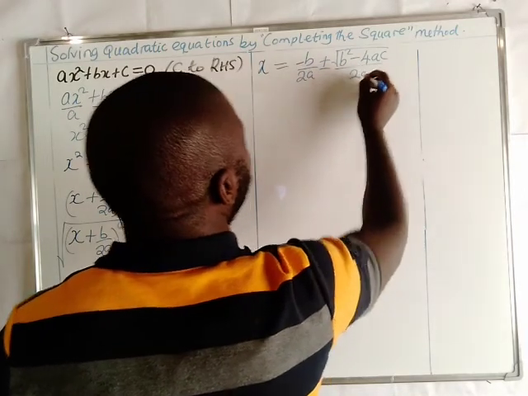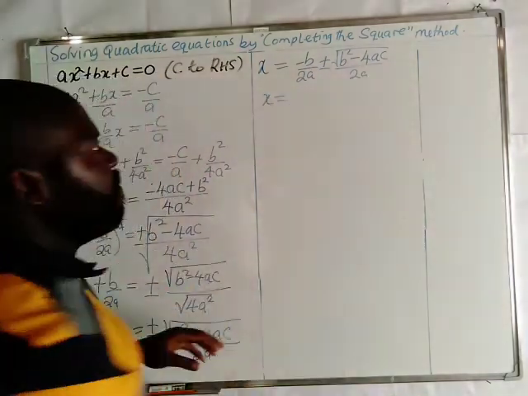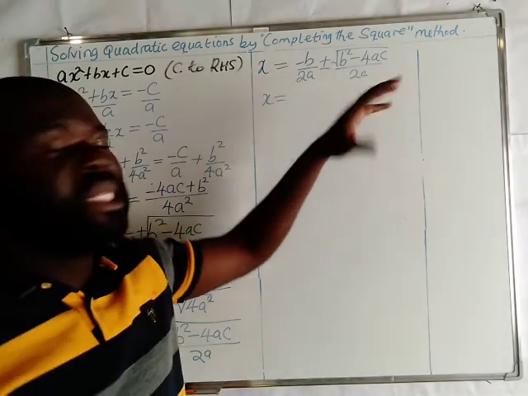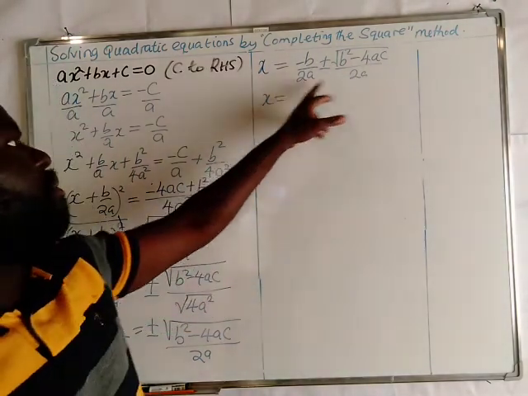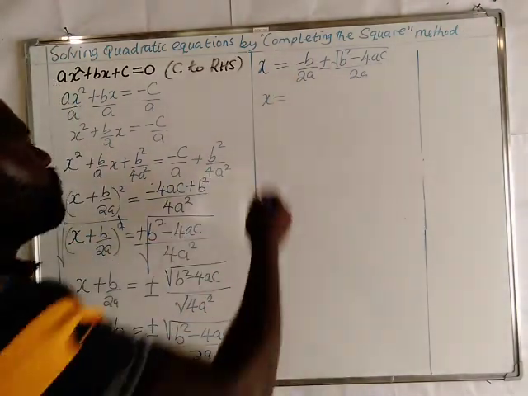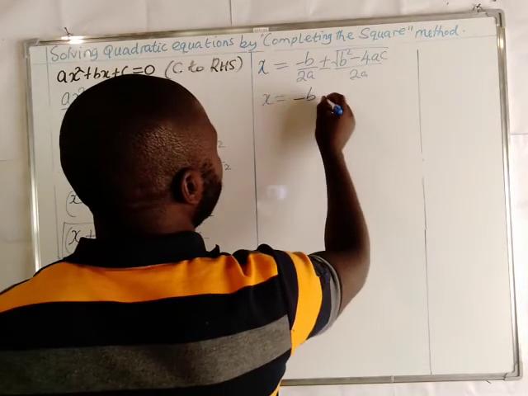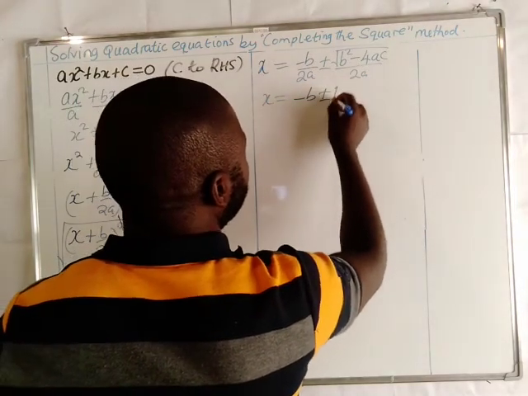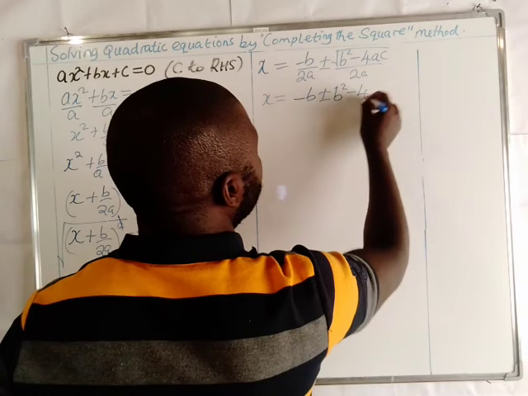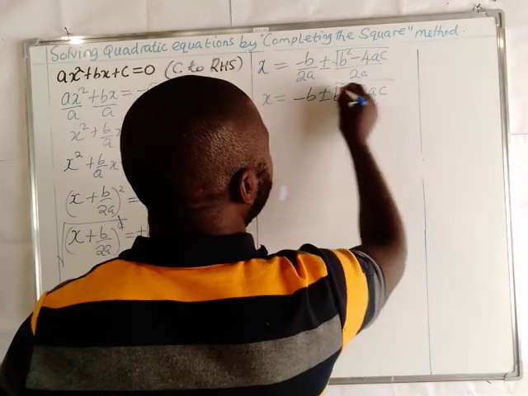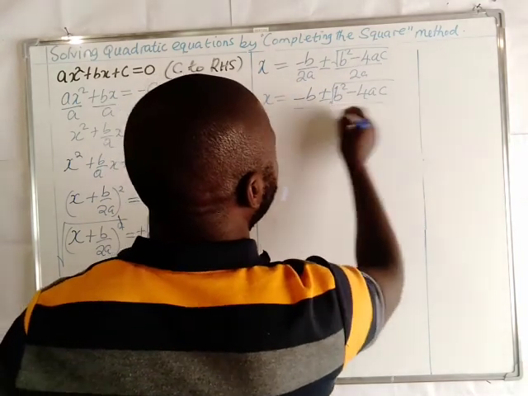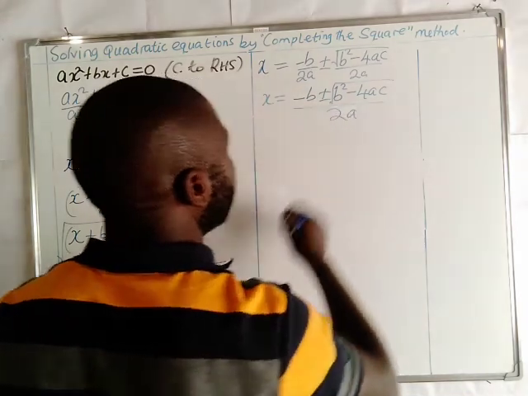over 2a. Okay, so now when we are here, again we need to express this one as a single fraction. Since the denominator is common, it is the same. So actually we have to just write it like this, everything over 2a.